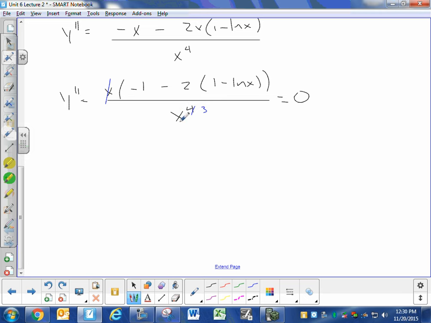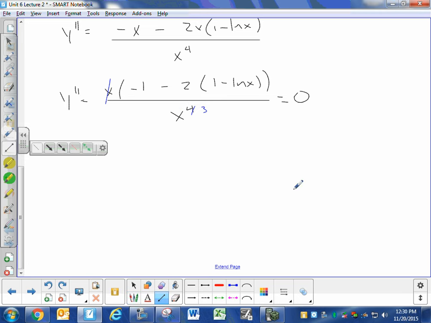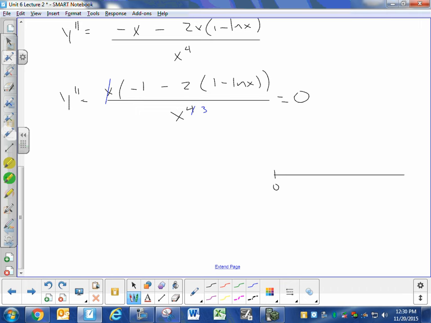So again, 0 is where we're going to start. We're going to analyze the signs of my second derivative. But we need to find if there's any other locations where we're equal to 0. So I need to solve the numerator set equal to 0. I'll distribute the negative 2.